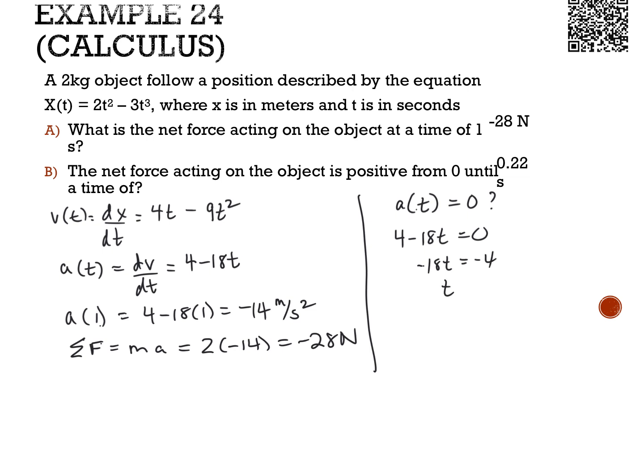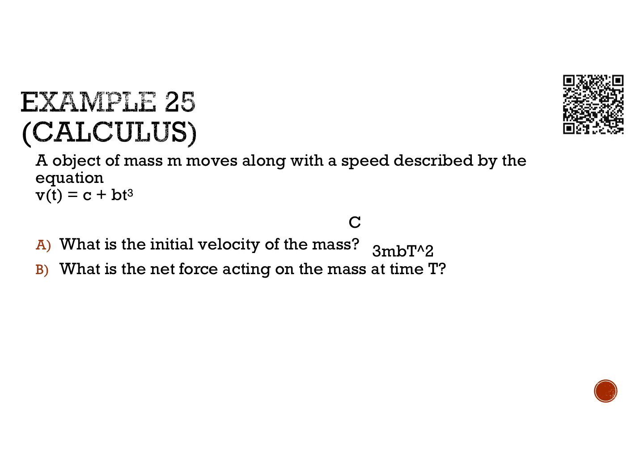So time is going to be 0.22 seconds. So from a time of 0 to 0.22 seconds, the acceleration is positive. So net force is positive. Okay? All right. Easy calculus.